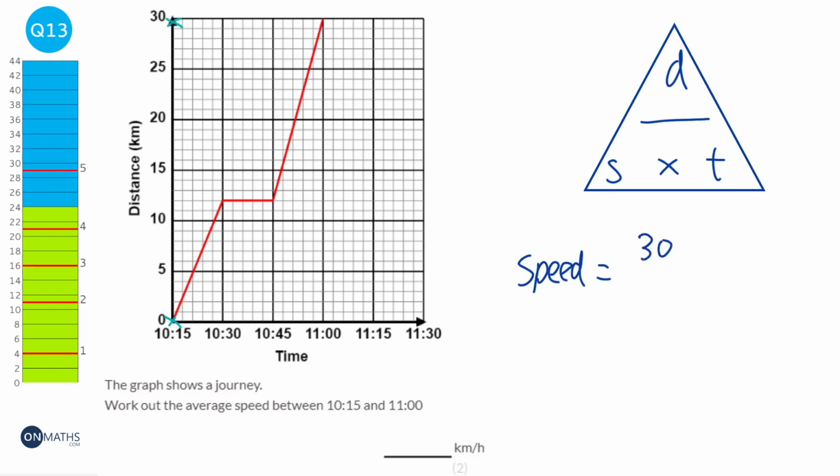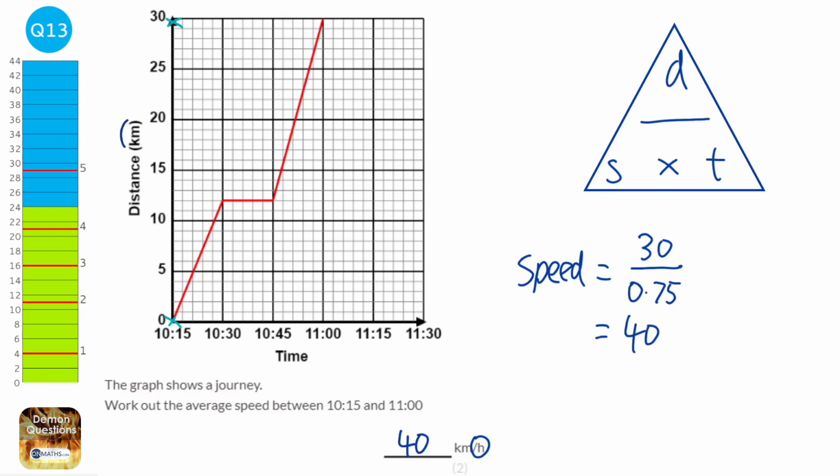So the total distance is 30, and the time starts at 10:15 and ends at 11. So that'll be 45 minutes, or, well, we should do it in hours, because the units we want are in hours. So it would be 0.75. So 30 divided by 3/4 would be 40. So it's going to be 40 kilometers per hour.